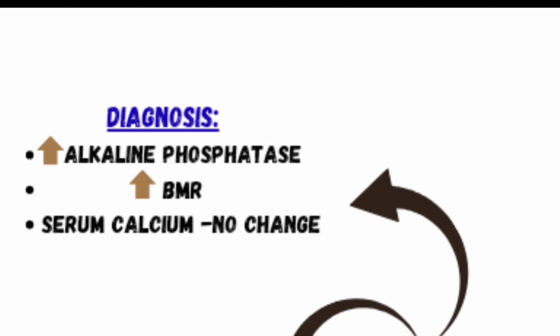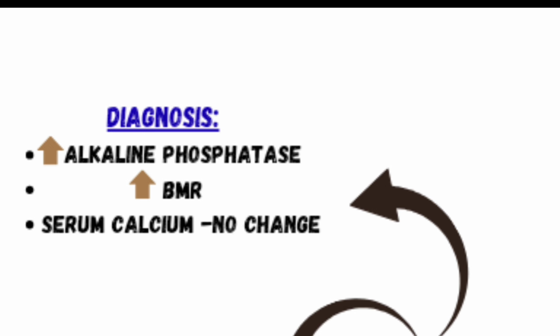The serum alkaline phosphatase level is also increased in hyperparathyroidism and Paget's disease. There is no change in serum calcium level in fibrous dysplasia, while serum calcium levels is affected in hyperparathyroidism. There is also moderate increase in basal metabolic rate or the BMR. Since endocrine glands are affected, the metabolic rate might get altered.